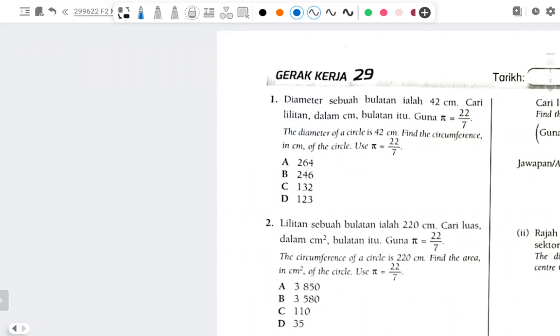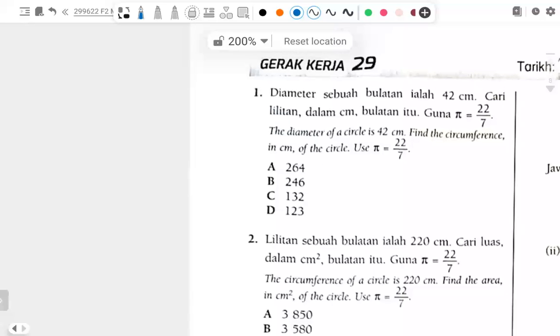Yeah, okay. So number one, yes, so you can write down the working there. Then, next time you want to do revision, you can just refer back. Okay, number one, the diameter of a circle is 42 cm. So diameter given, so we always find out radius first. Radius is half of diameter. 42 divided by 2 is 21.